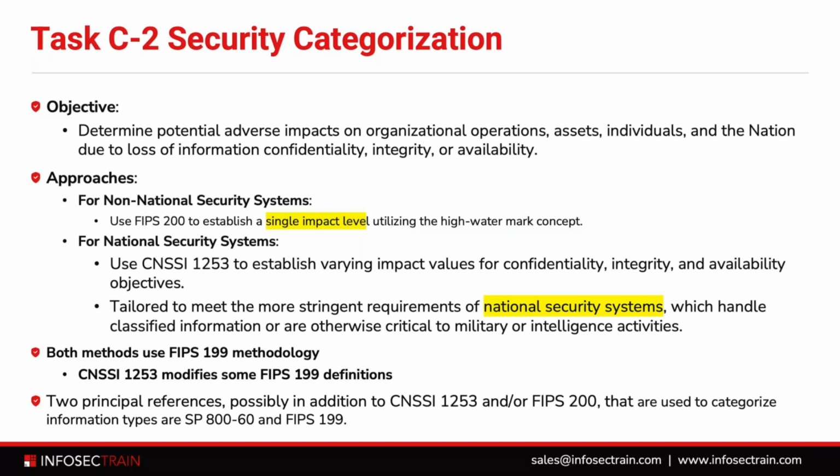It lists down the minimum security requirements for each of these areas. And once the system is categorized under FIPS 199, FIPS 200 helps in guiding the implementation of the security controls or the baseline controls for the systems categorized under FIPS 199.